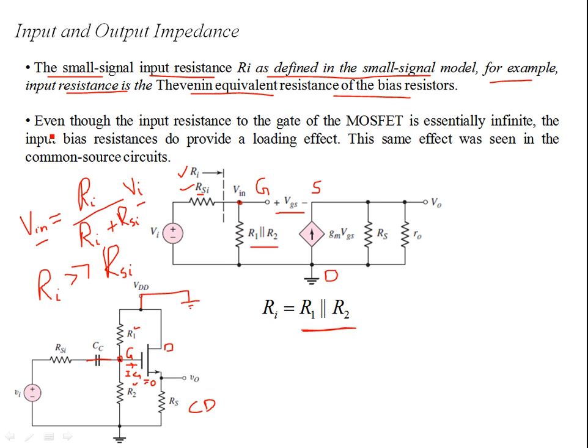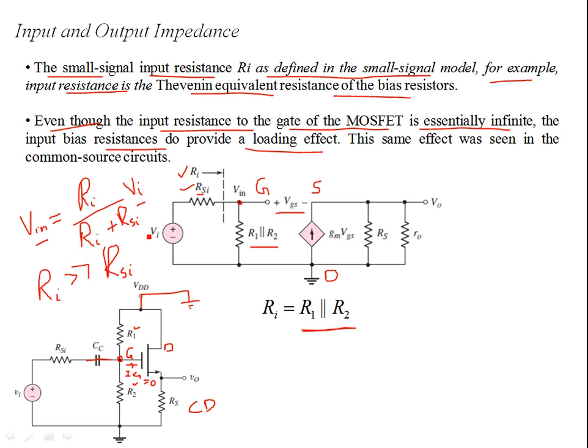So even though the input resistance to the gate of the MOSFET is essentially infinite, the input bias resistances do provide a loading effect. It depends on how large Ri is compared to RSI, the source resistance. If it is large, then you can ignore the loading effect.